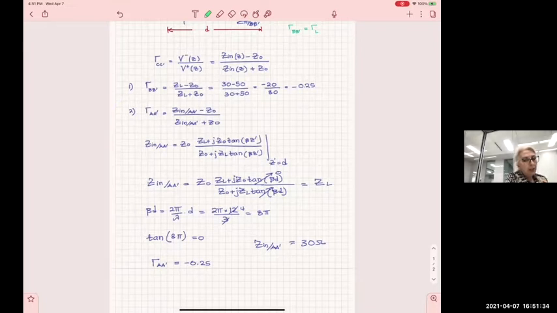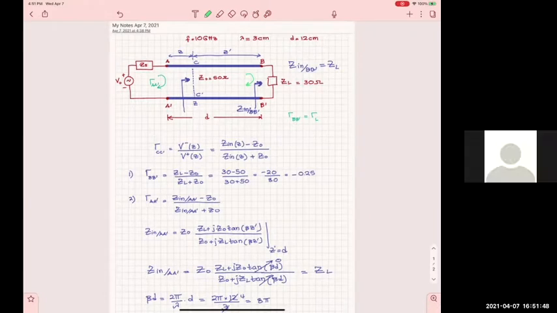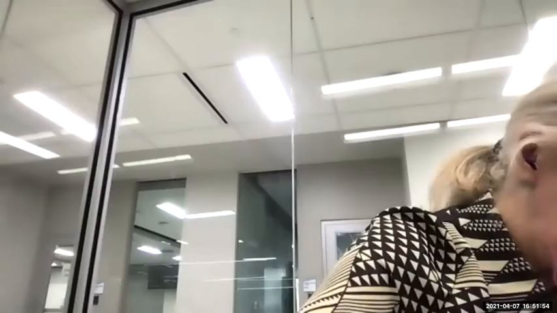Which phase? The phase of the impedance at the source, in the beginning of the line, looking towards the load? No, it's saying as a function of z. Let me see. Could you share it again, so I can see?